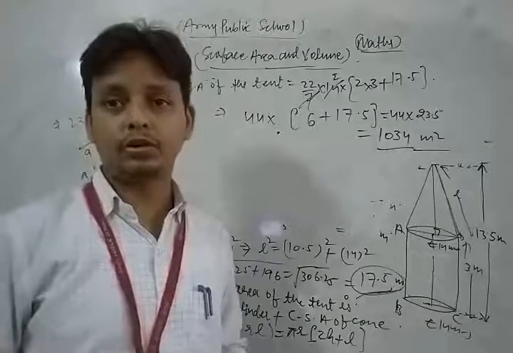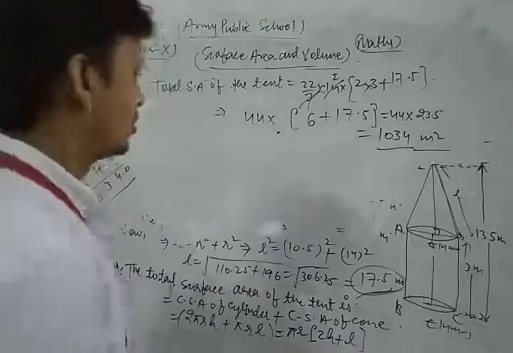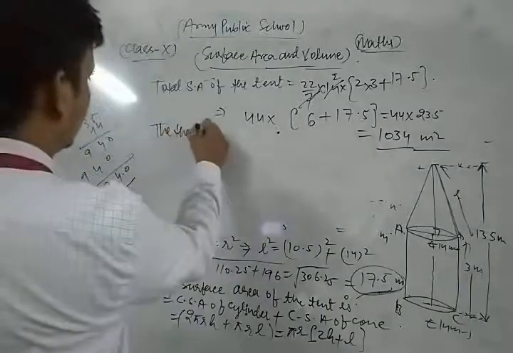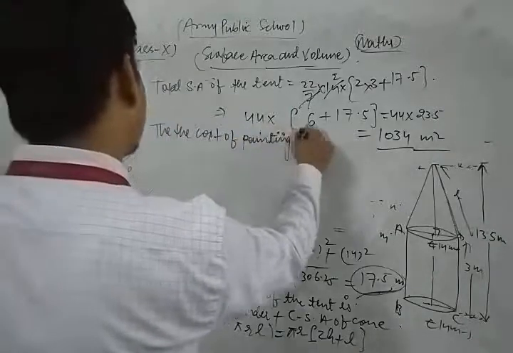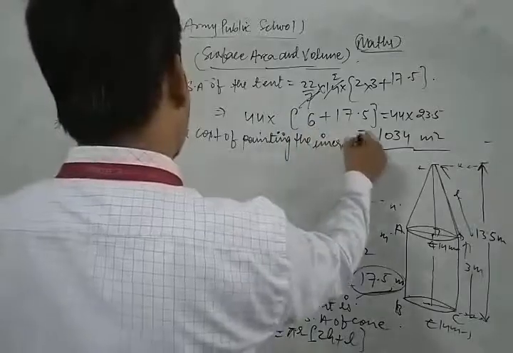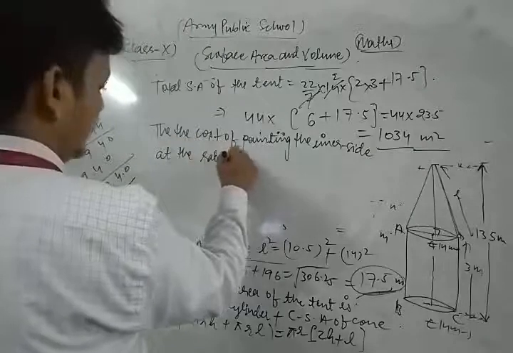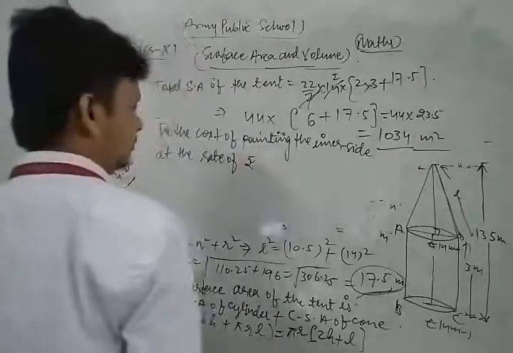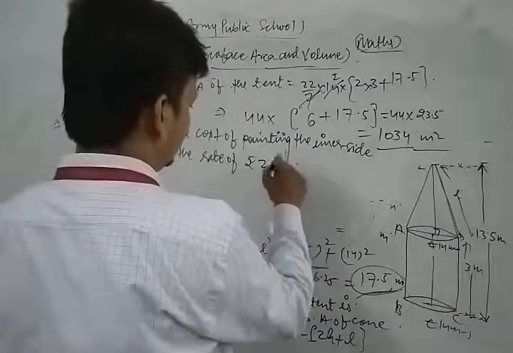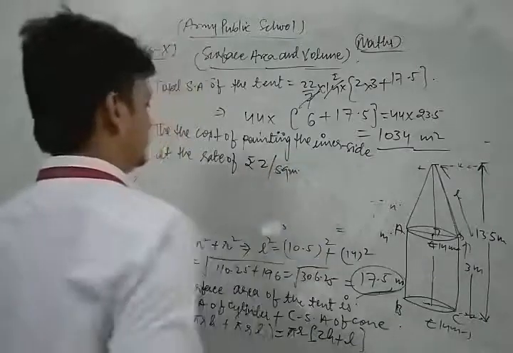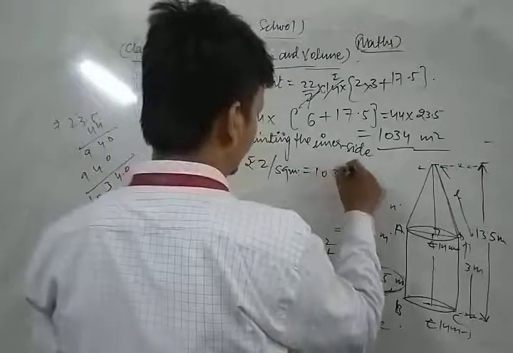Okay, dear students. Now we find the cost of painting the inner side at the rate of rupees 2 per square meter, which is area into rate, so 1034 into 2.